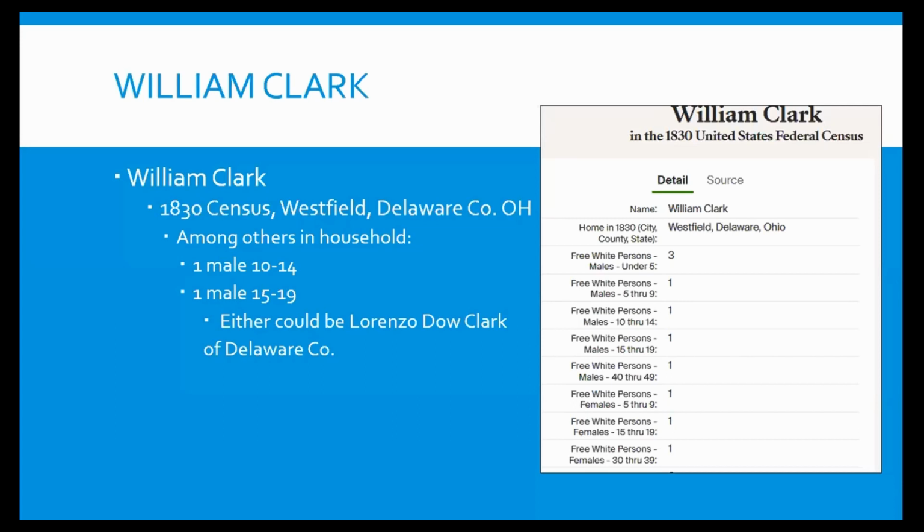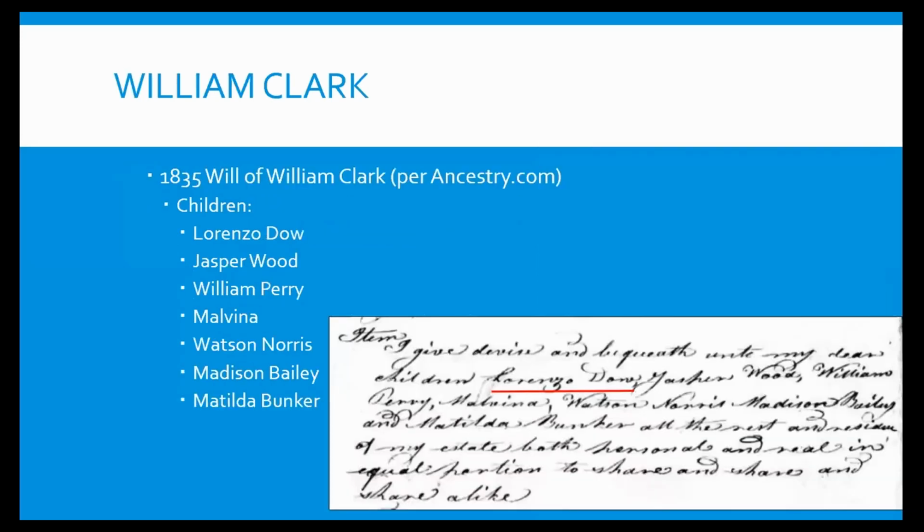So this is interesting news, but we're still building a case. We're building on each piece of information that we find. So then we know that William died in 1835. Might there be a will for him? Now, we're very lucky because Ancestry and FamilySearch have done a lot of digitizing wills from Ohio specifically.